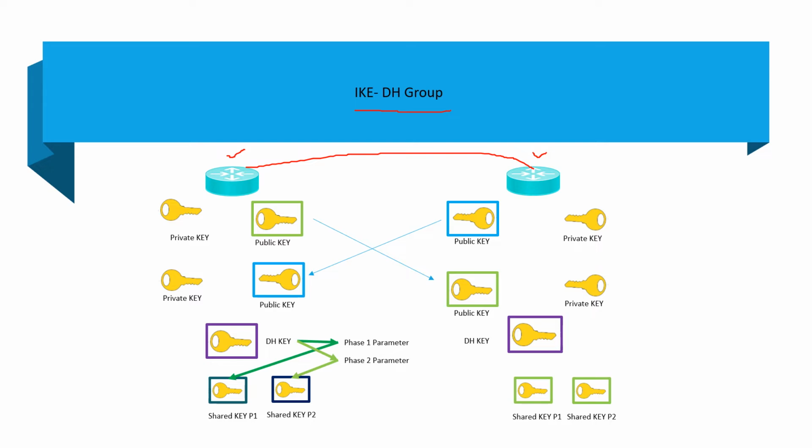To make it very simple, let's assume this router has its own private key and a public key. Similarly, here I also have my private key and public key. When I say private key, it's private. I'm not going to share it across the network. But the public keys can be shared.